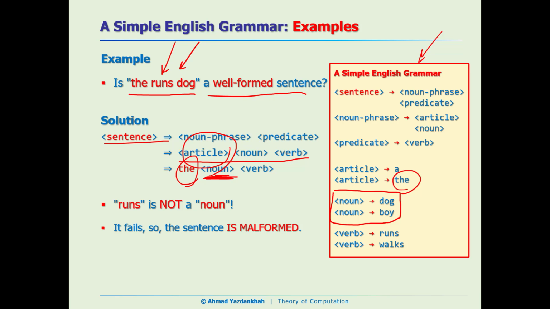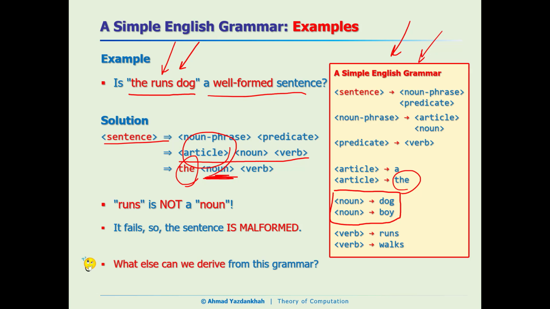Okay, so this was just a taste of how a simple English grammar works and how we can derive English sentences from the English grammar. Now, let me ask another question. Maybe it looks irrelevant now, but we will see that it is really relevant. My question is, what else can we derive from this grammar?